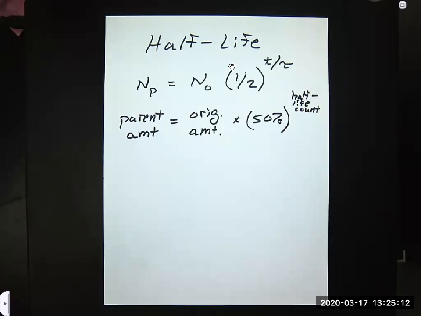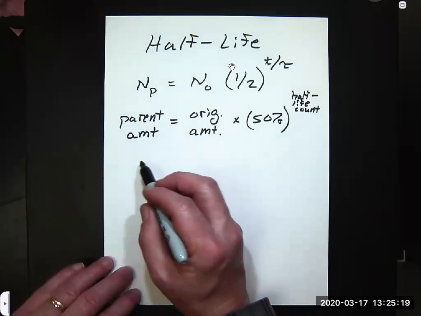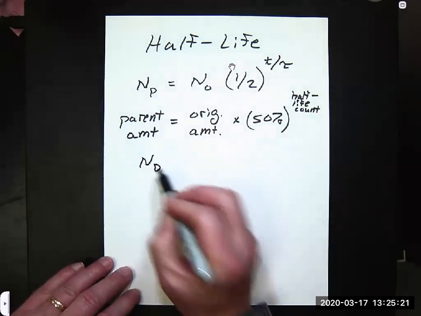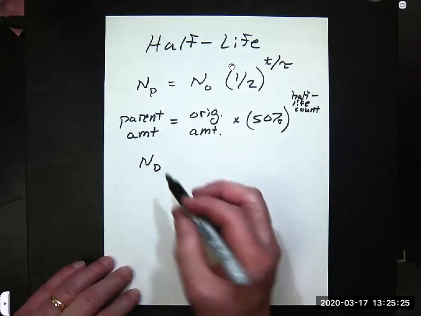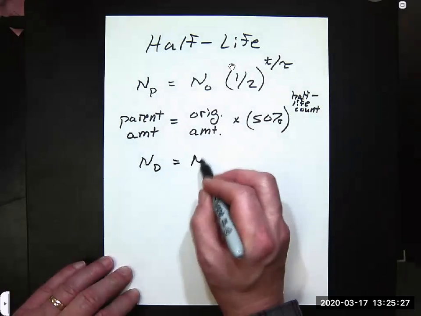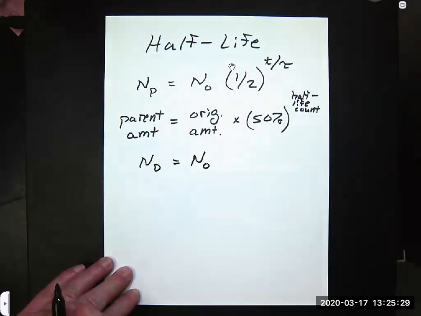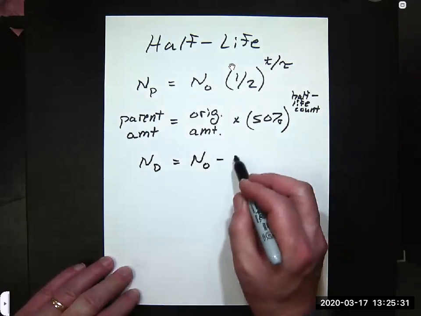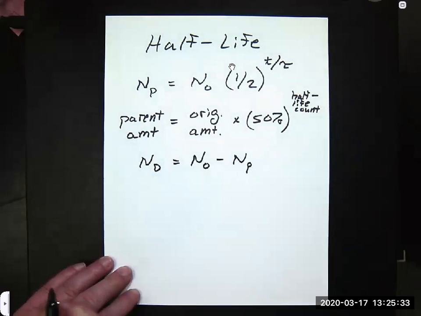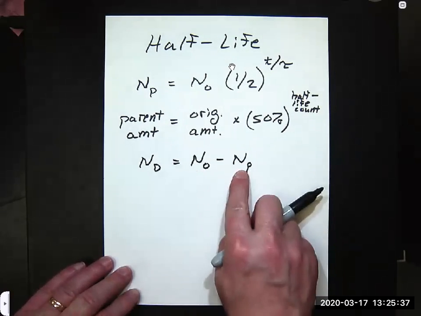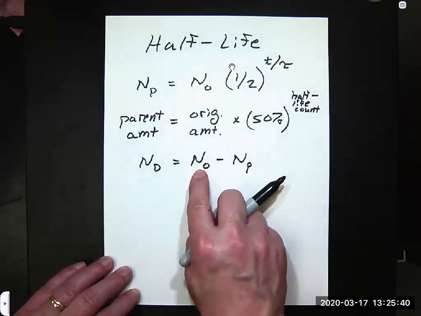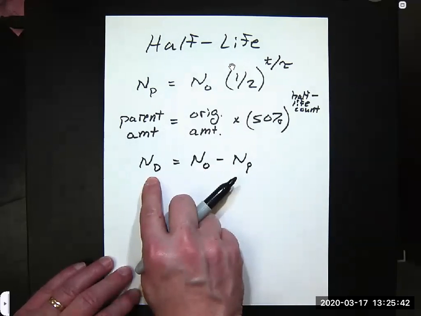Now, before I go through an example, let me write down the amount for the daughter product. We can also write an equation for this. The amount of the daughter, using subscript D, is equal to whatever you started with, the original amount, minus the parent amount. So when we start, the parent amount is the original amount, and there is no daughter, so this would be 0.